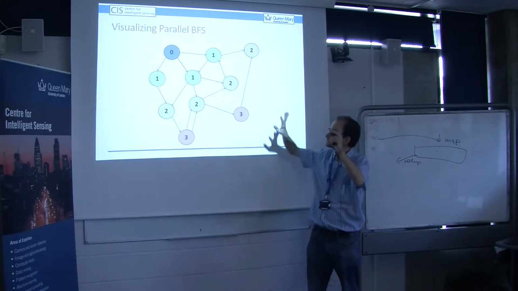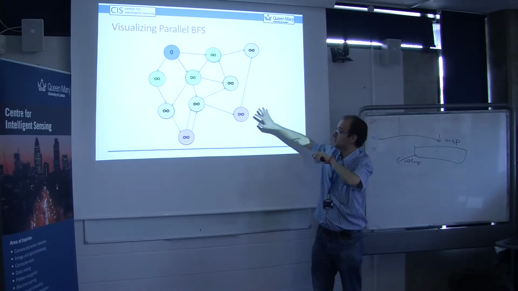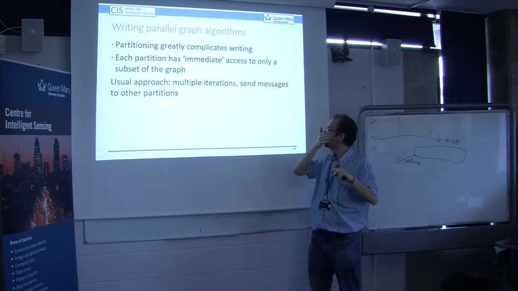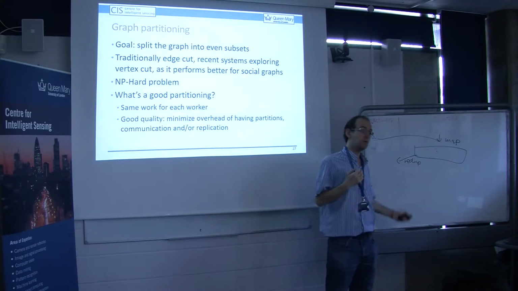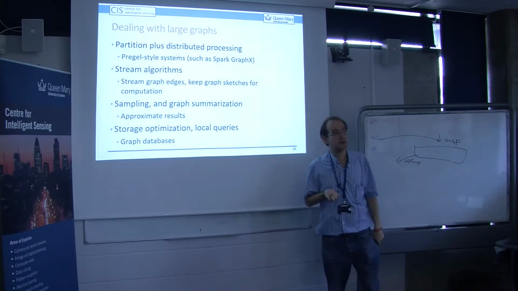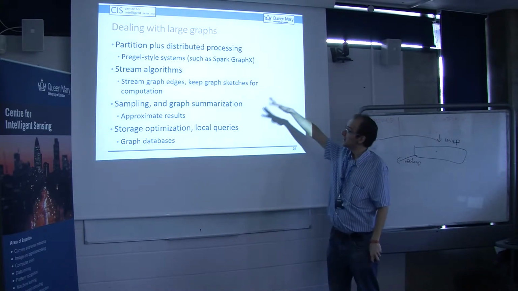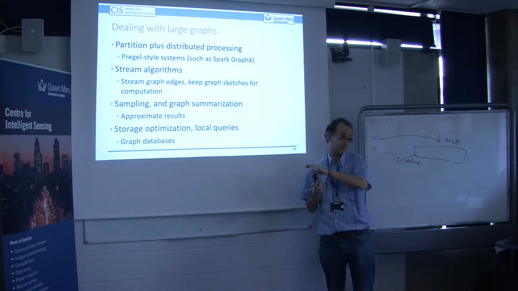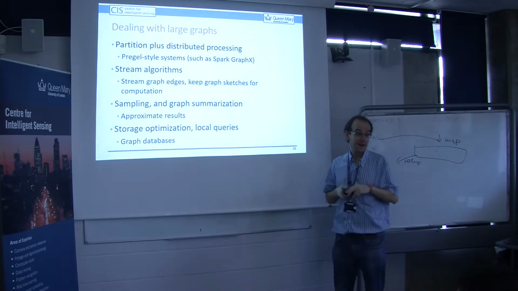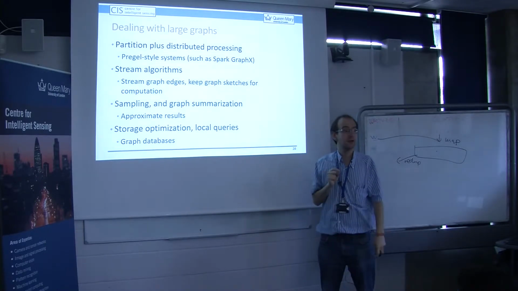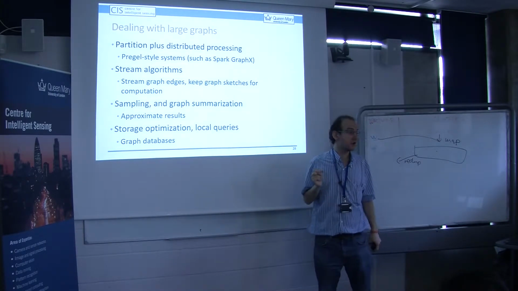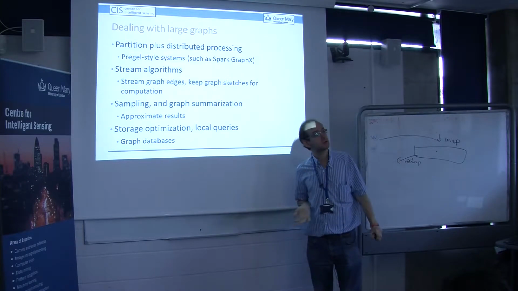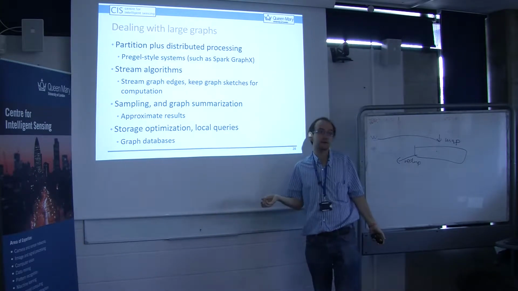Okay, so that is much more close to how we are going to be approaching things if we want to process graphs in parallel. And I am going to focus on this way of solving problems, but I also wanted to mention that this is not the only way in which we can approach how we deal with large graphs.